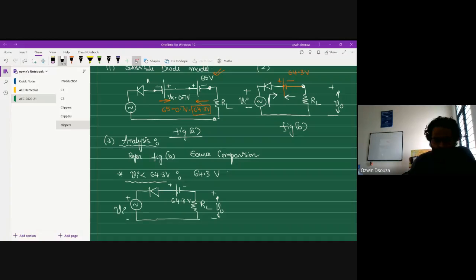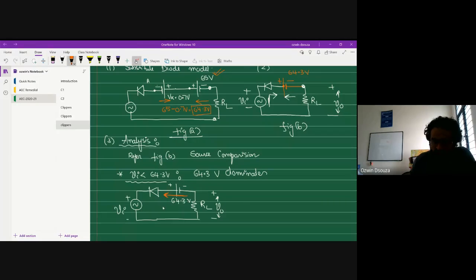Now, when you compare the input with 64.3 volts under this particular condition, that is, input is less than 64.3, which source dominates? The 64.3 volt source dominates. What is the meaning of domination? The meaning of domination is that this particular source, 64.3, is getting a chance to circulate the current.